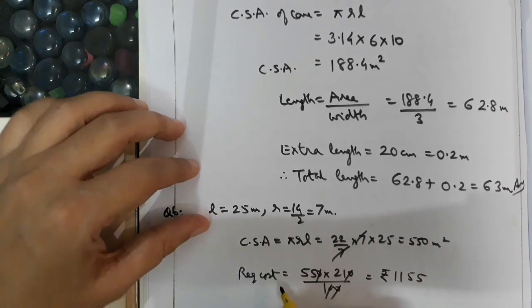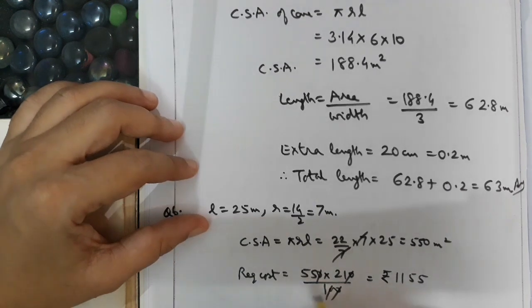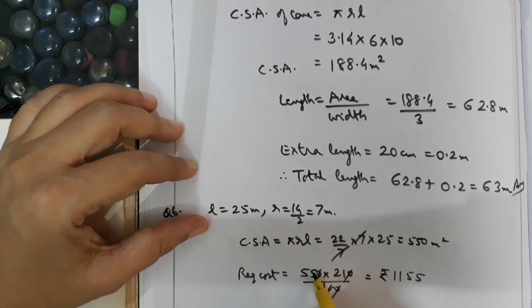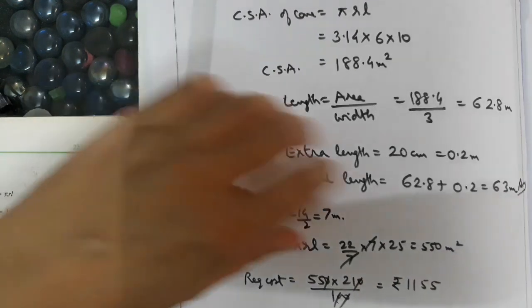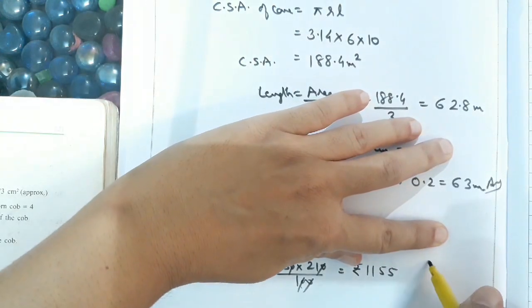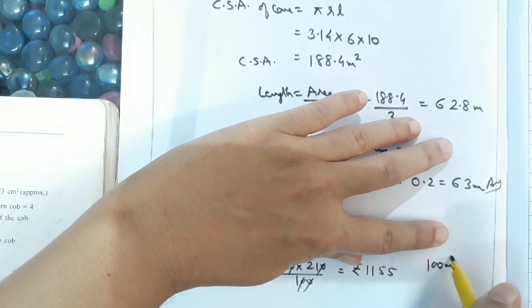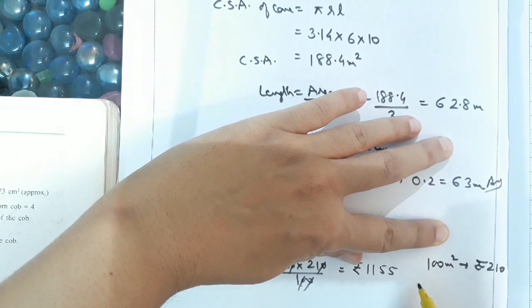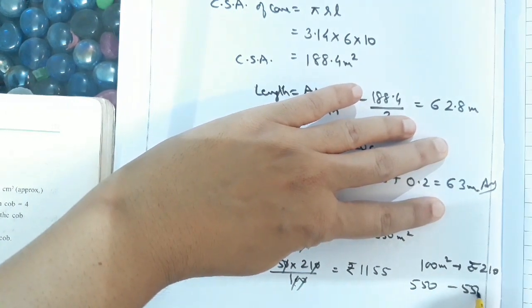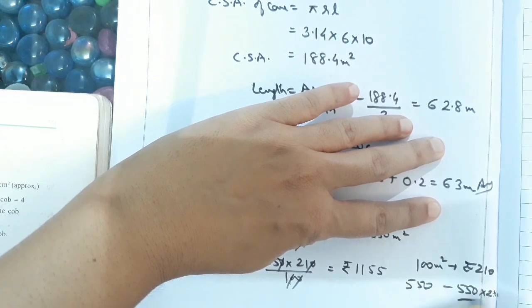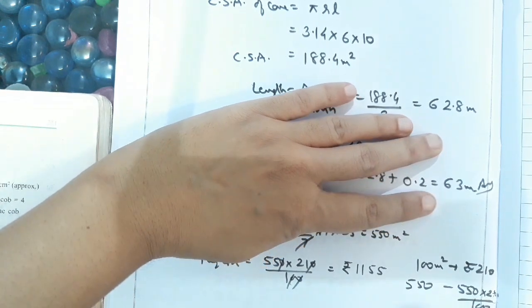And then we have to find out the cost. So the required cost would be 550 into the rate, which is 210 per 100 meters square, so it would be into 210 upon 100. Because in the question it is given to us that for 100 meters square the cost is rupees 210, so for 550 meters square the cost would be 550 into 210 upon 100 by the unitary method.